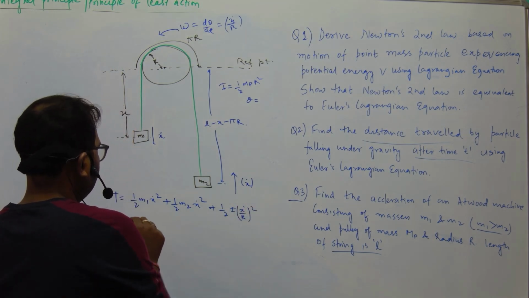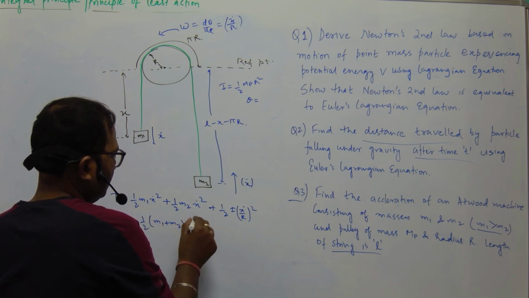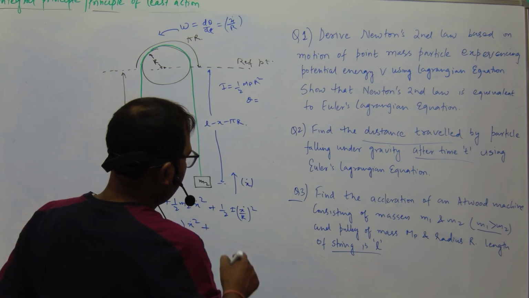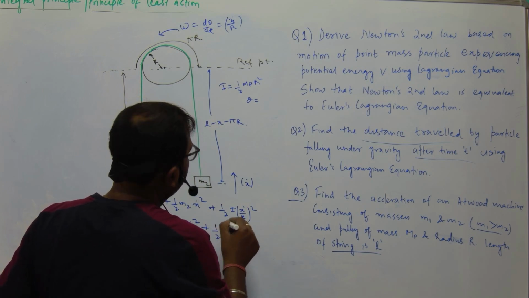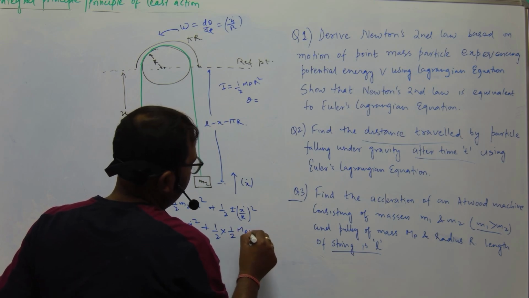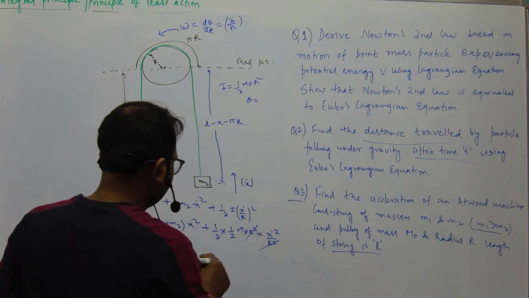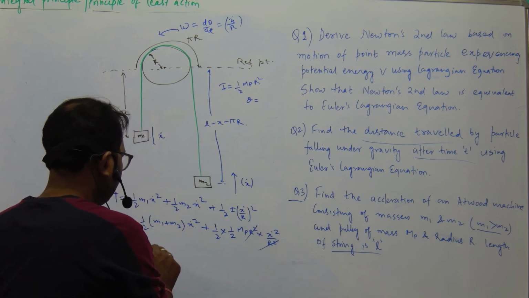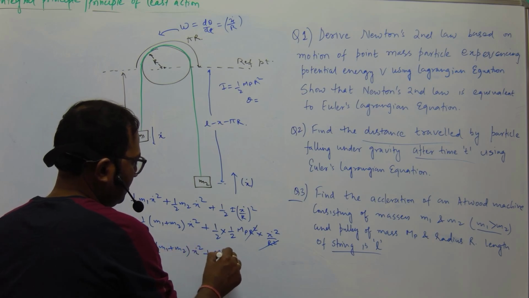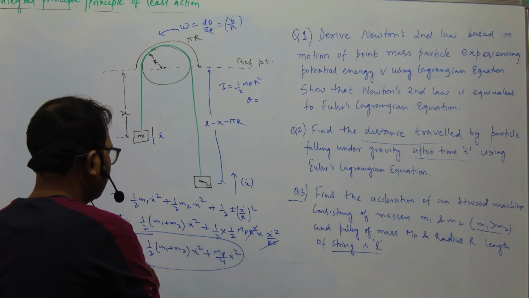T is equal to half m1 plus m2 x dot square plus half I omega square. Half into moment of inertia, half into mp r square, times x dot square upon r square; the r square gets cancelled. We have T is equal to half m1 plus m2 x dot square plus mp upon 4 x dot square. This is the kinetic energy.